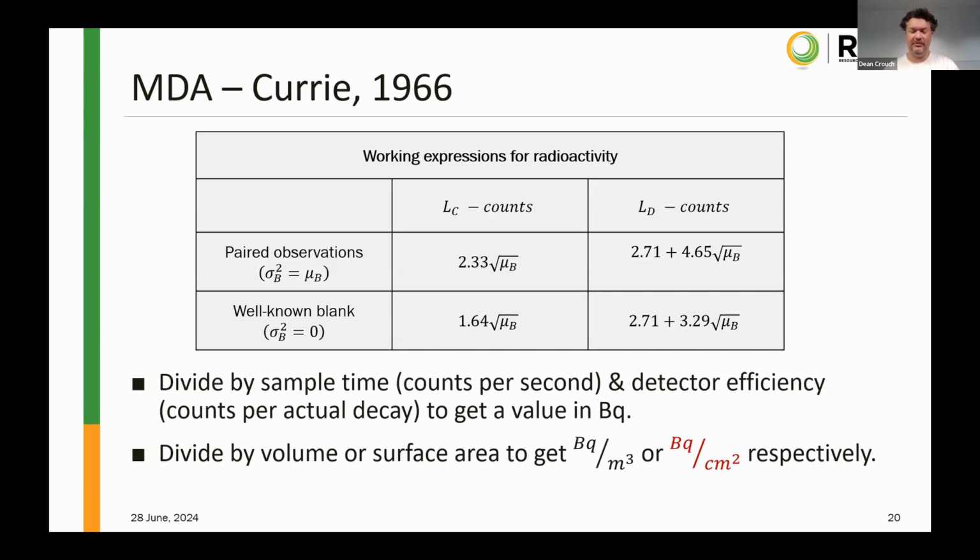So if you're using the OSL badges, I think our previous ones had an MDL of 0.1 per quarter, which means every year our workers were getting 0.4 millisieverts per year, just because that was the MDL of the badge. We changed providers, they had 0.01, and all of a sudden our 0.4 millisieverts became 0.04 millisieverts per year. We didn't change anything on site.